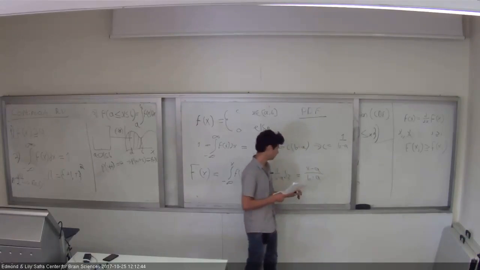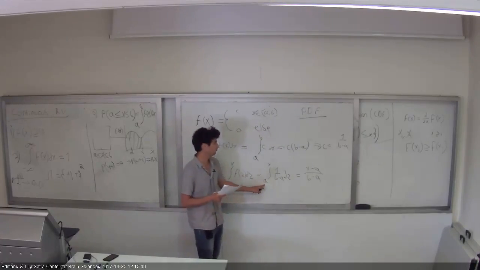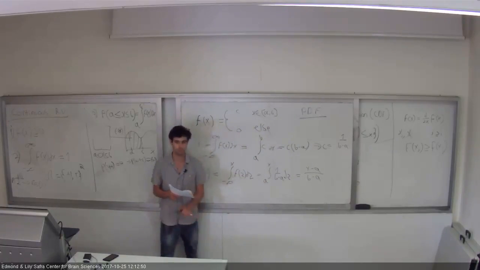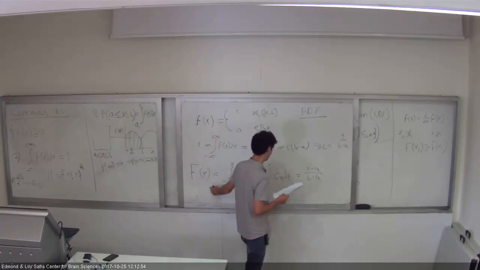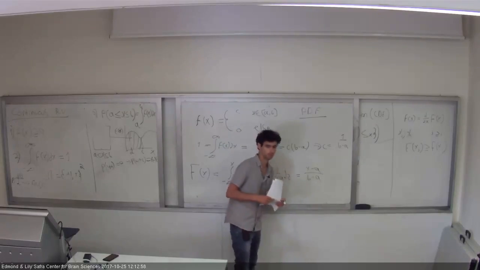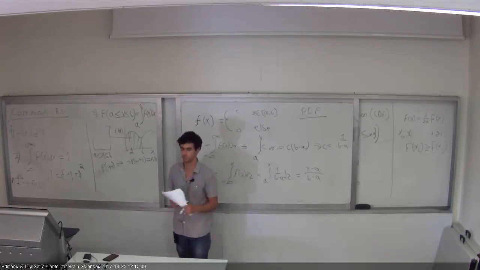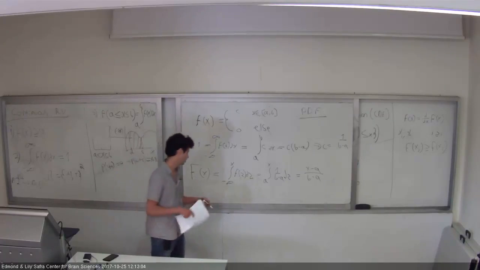So if x is between a and b, F of x is equal to this. What is this function if x is bigger than b? Exactly.